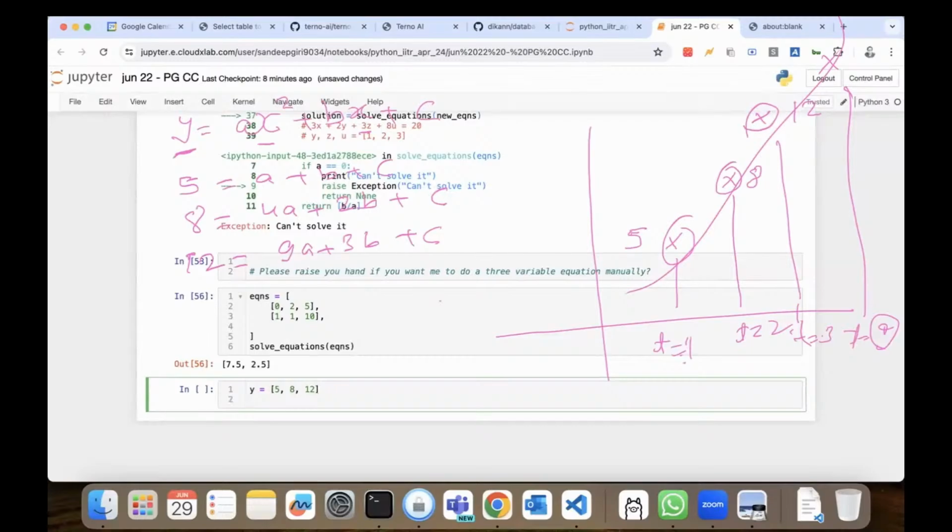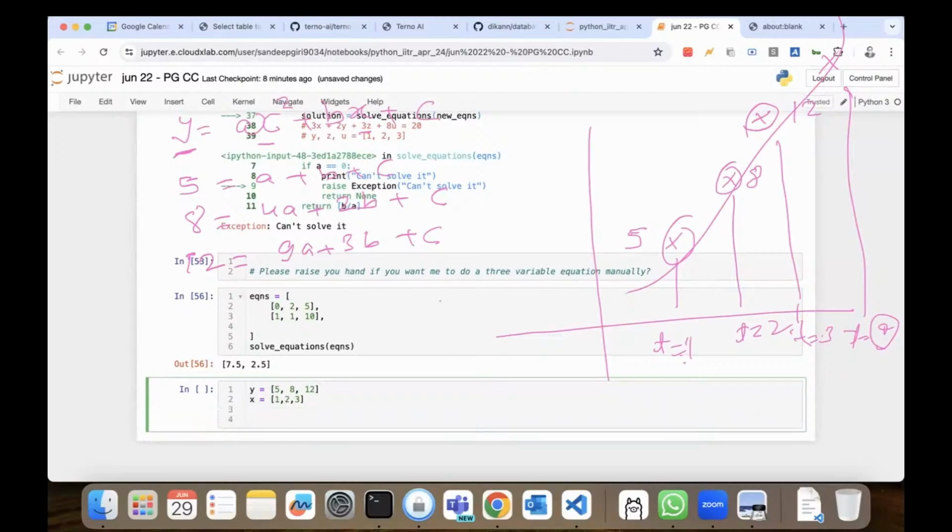And the value of x is 1, 2, 3. And then what we are doing is defining the coefficients of each one.